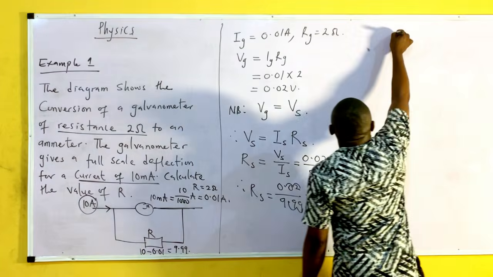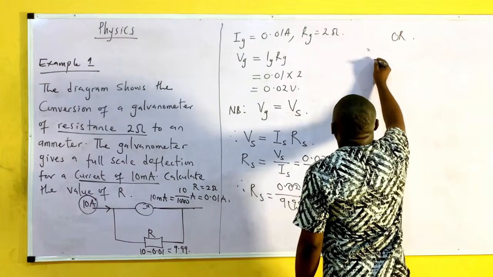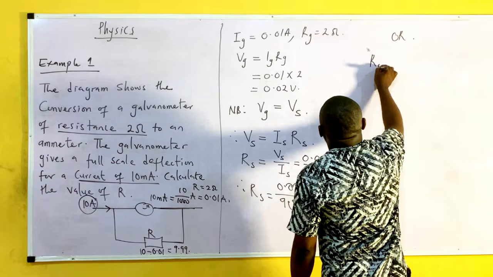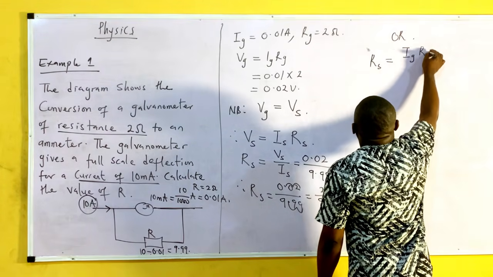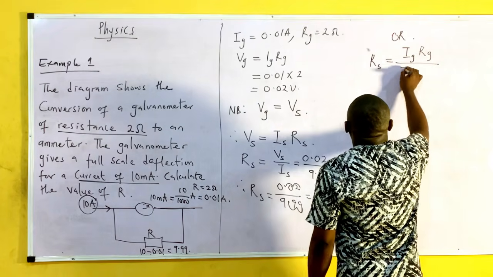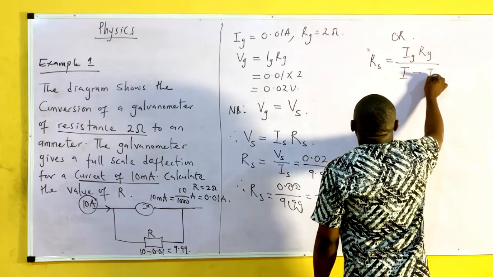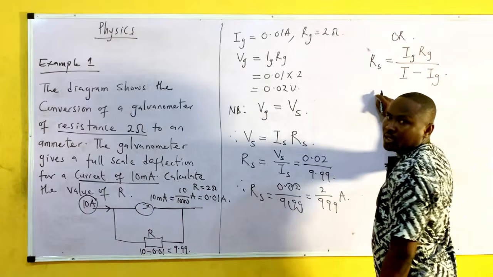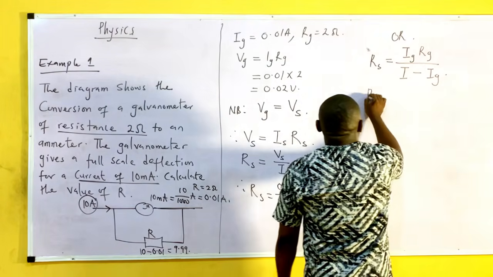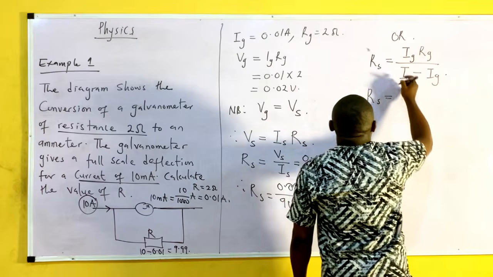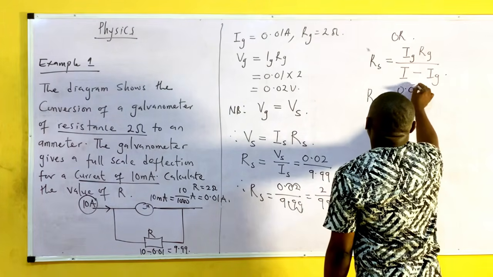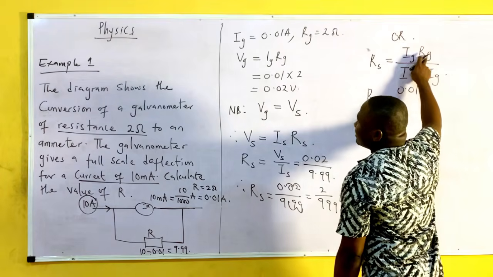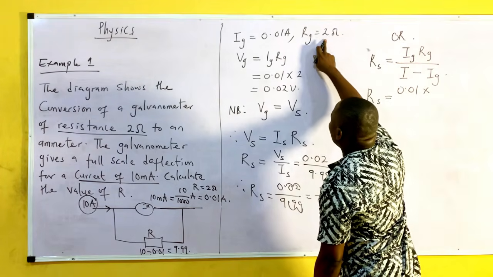Another way to solve it: remember, we said the resistance of the shunt is equal to the current of the galvanometer, Ig, times the resistance of the galvanometer, over the total current minus Ig. That's the formula we gave. So what's the current of the galvanometer? 0.01. And the resistance of the galvanometer, look at it here, is 2.